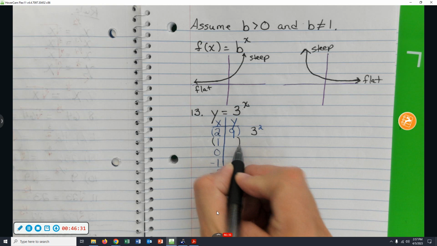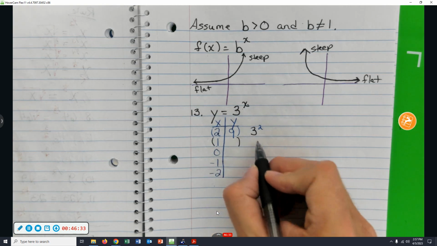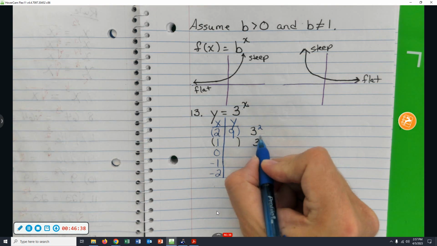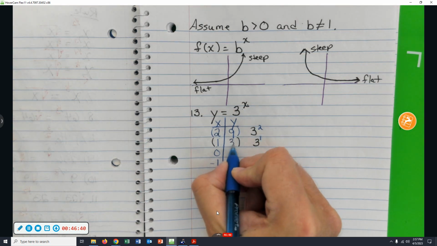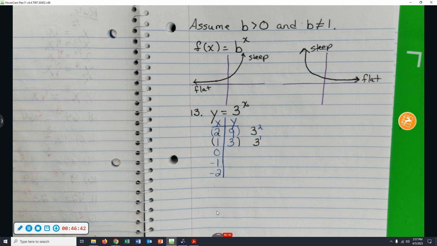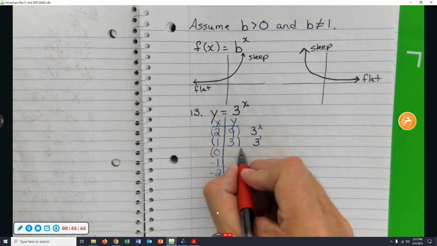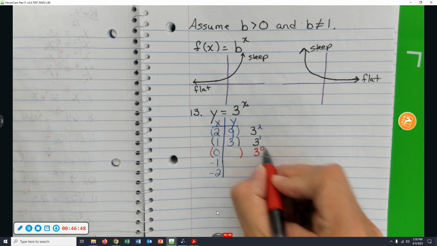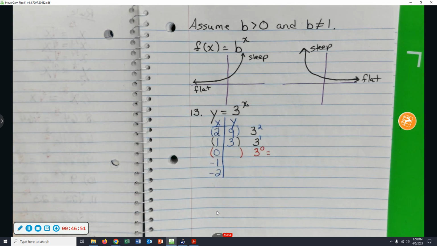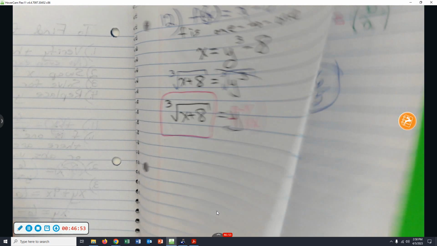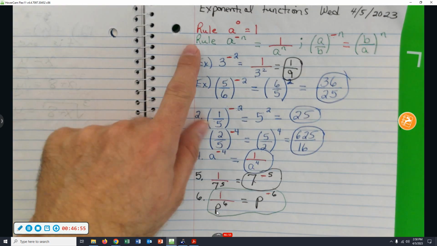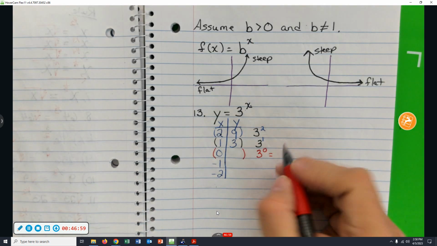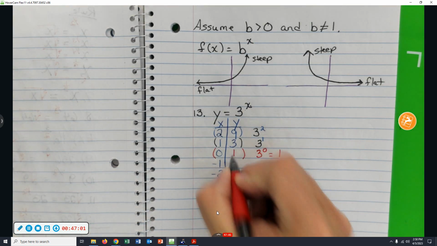Now, plugging a 1 in for x, is that hard or easy? 3 to the first power is just 3. 3 to the 0 power is... don't say 0. Think back to the first thing we did today, that very first non-zero rule. Anything to the 0 power is 1. 3 to the 0 is 1.